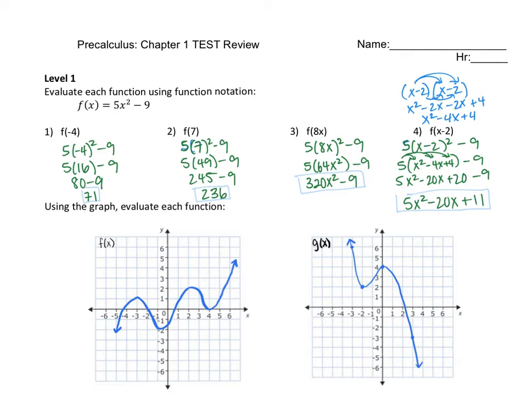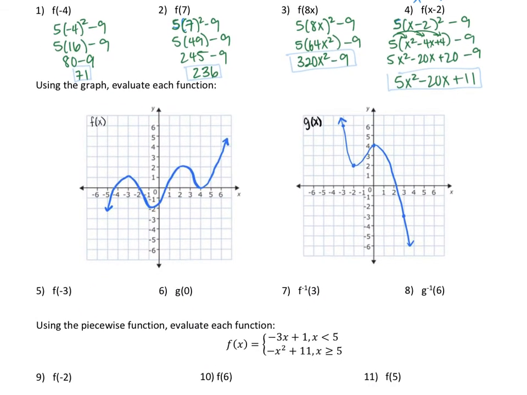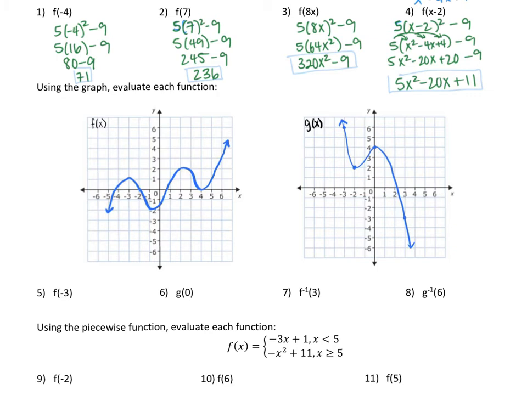And then for our graphs in the next part, it's asking that using these two graphs that you're given, you can also evaluate the function. So this one, you don't have to deal with an equation. Just looking at the x value that they give you, you can find the output, or the y value. So this first one here has a -3 for x.